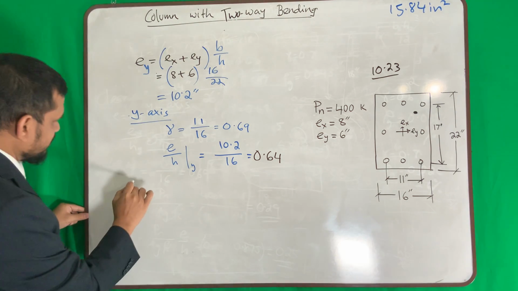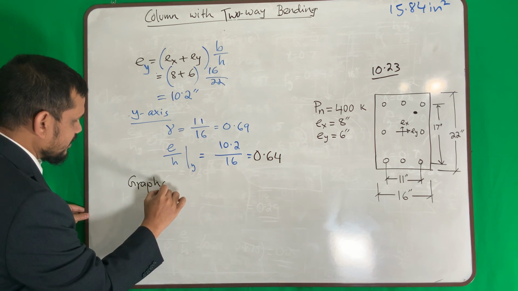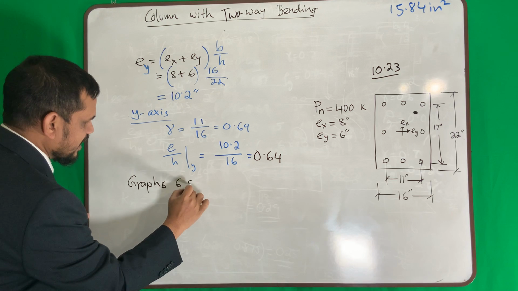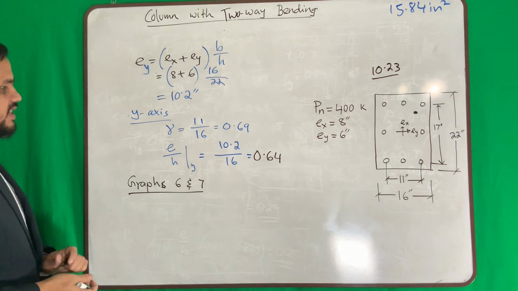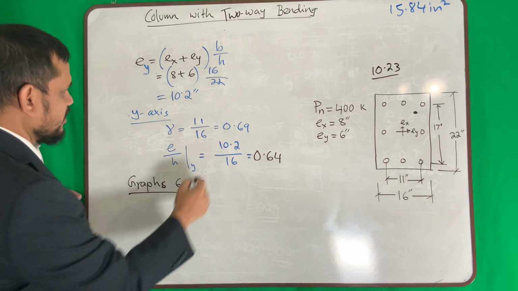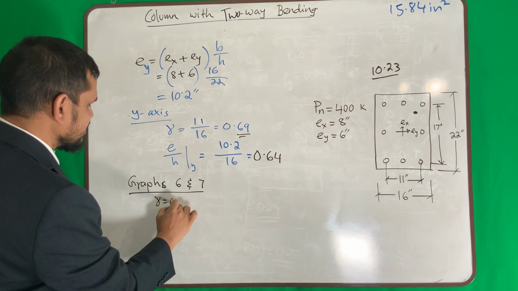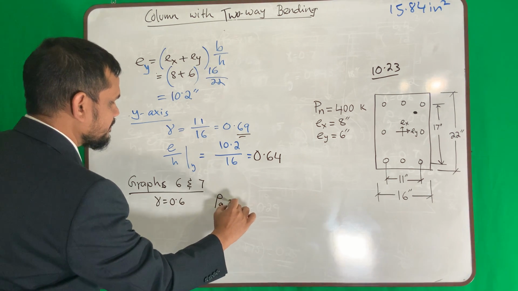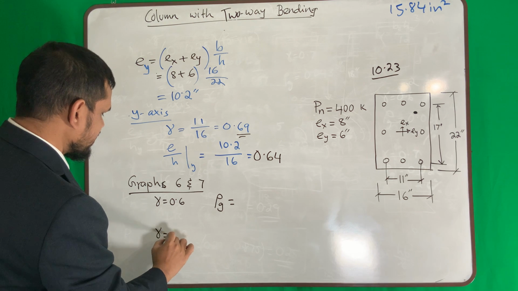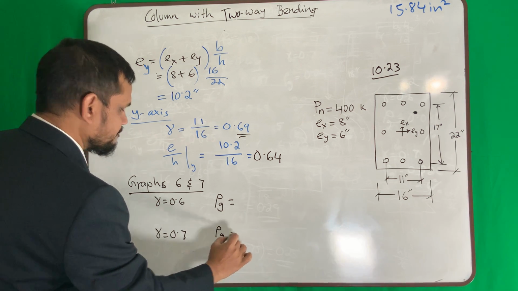Okay, then we will go to the graph. Graph 6 and 7. We'll go to graph 6 and 7 and interpolate. So when my gamma was say 0.6, what is my rho z? When my gamma is 0.7, what is my rho z?